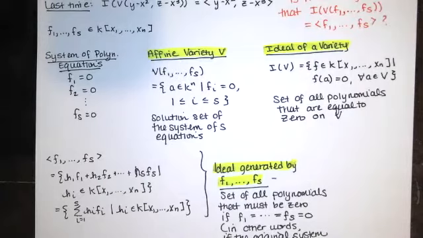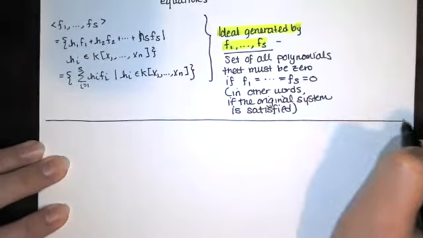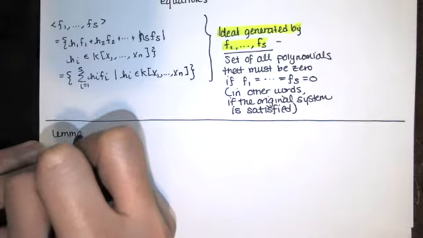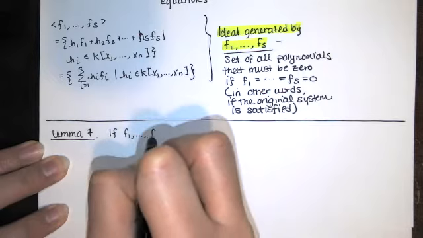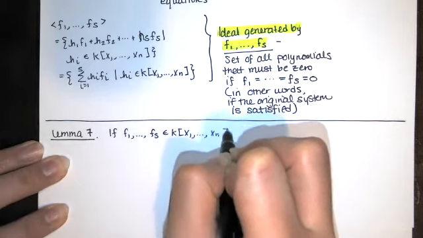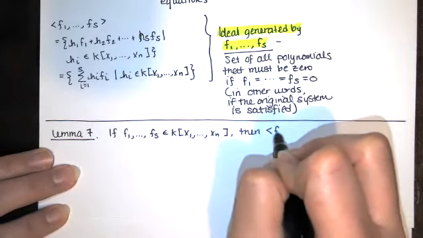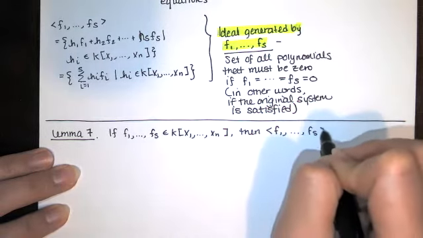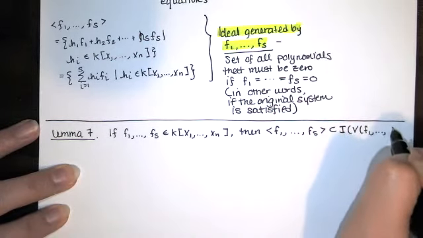So let's prove Lemma number 7. Lemma 7 says that if f sub 1 through f sub s are polynomials in our polynomial ring, then the ideal generated by the polynomials is always a subset of the ideal of the variety defined by the polynomials.